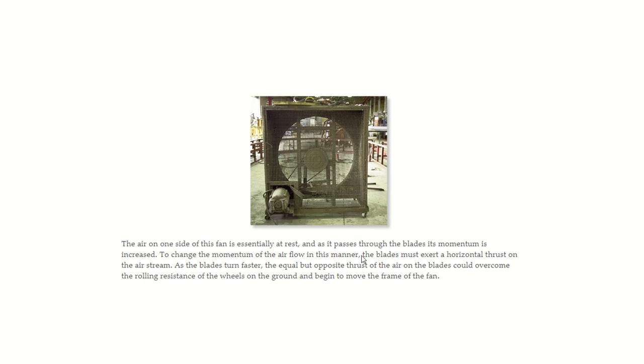So you can understand there's a change in momentum because the environment is different. The air outside of the fan is different from the air passing through the fan because we are making the stream of that airflow by rotating the blades of the fan.